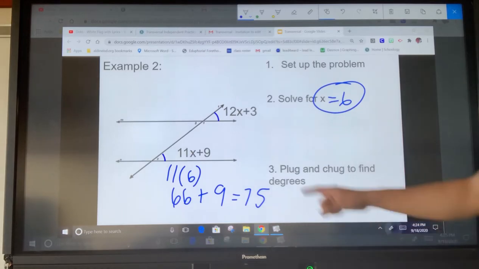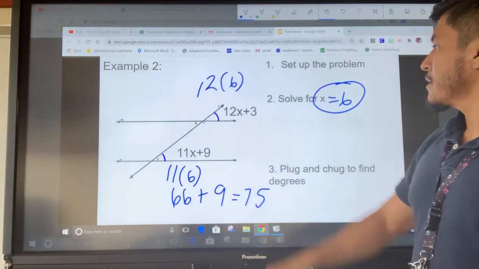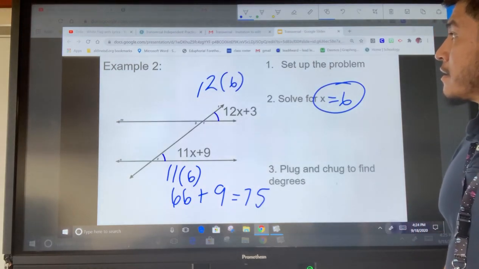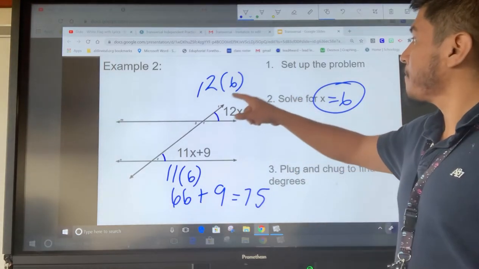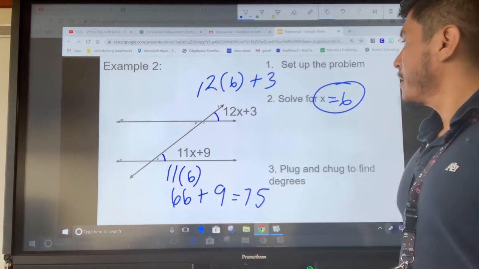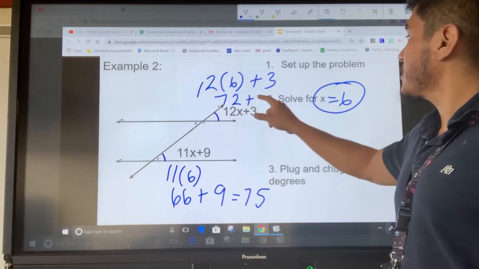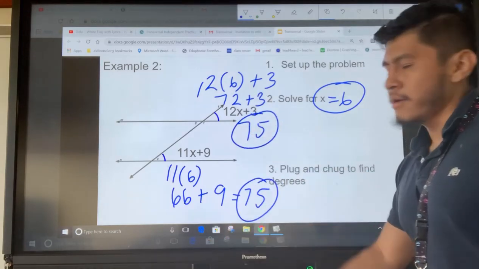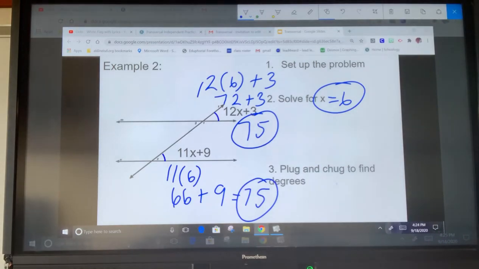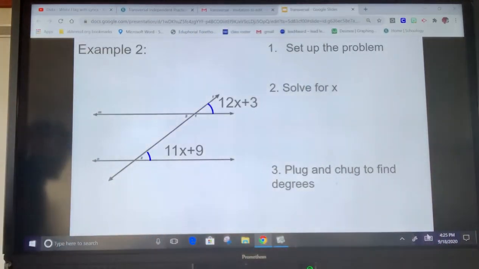And we can check up here as well: 12 times 6 is 72, plus 3, that equals 75. Guess what? You get that same acute angle.